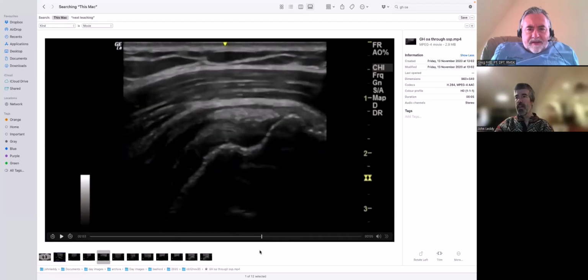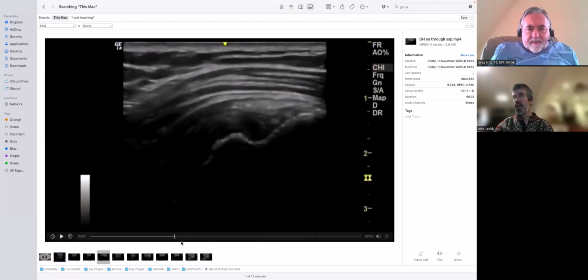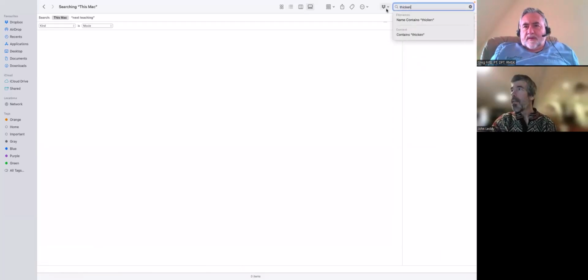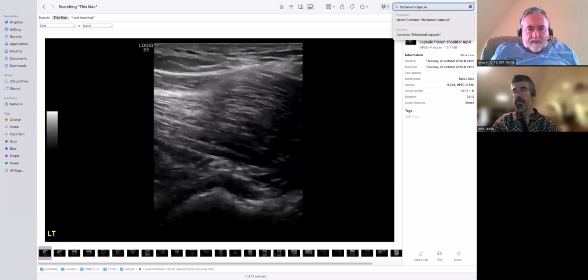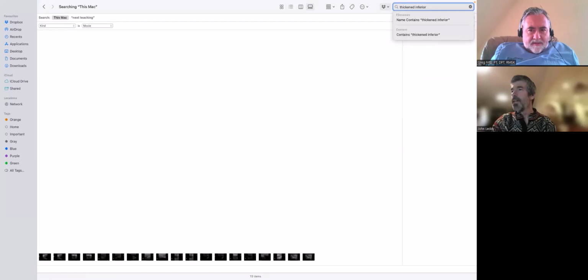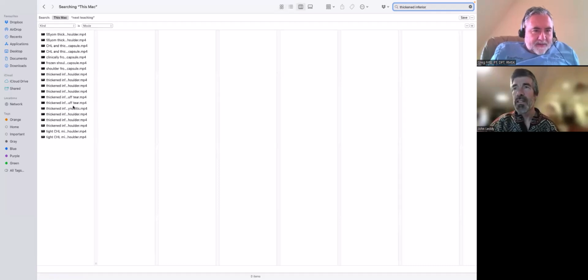If we go back, if I just go thickened capsule here. So, thickened inferior, probably a better one. I have to remember what I might have written on in my cases. So we should have loads of thickened inferior capsule.